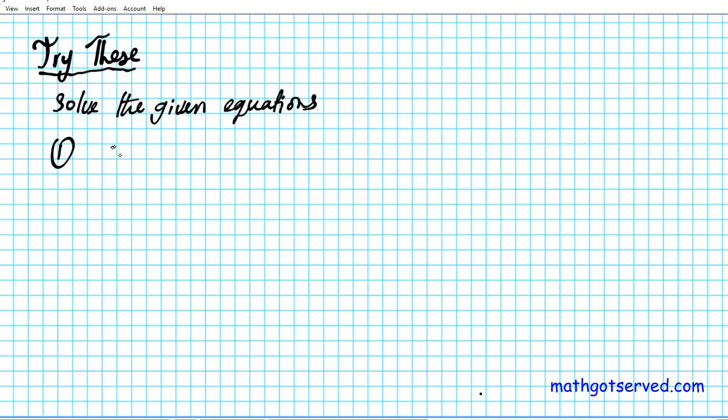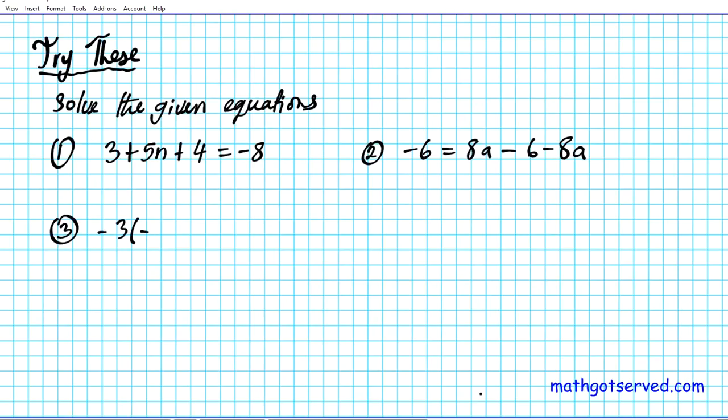Question 1, what if you had the equation 3 plus 5n plus 4 equals negative 8? Question 2, what if you have negative 6 equals 8a minus 6 minus 8a? Question 3, what if you have negative 3 times negative 8n plus 1 equals 165?